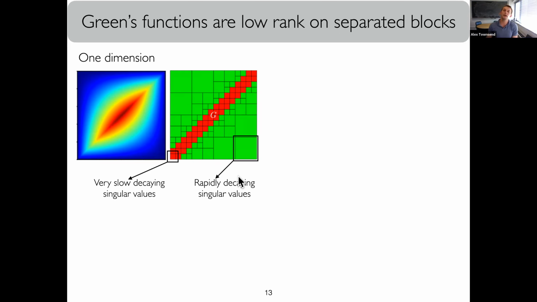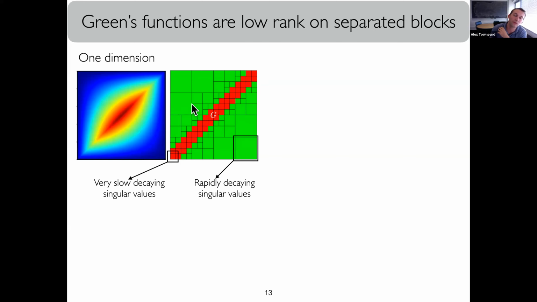And the idea here is we know the Green's function as a global function is not low rank. So what we do is we start cutting it up into pieces in a hierarchical way. So here I'm trying to show you this hierarchy. When you're close to the diagonal, which is where all the non-smoothness happens in the function g, the domains you're taking are very, very small.